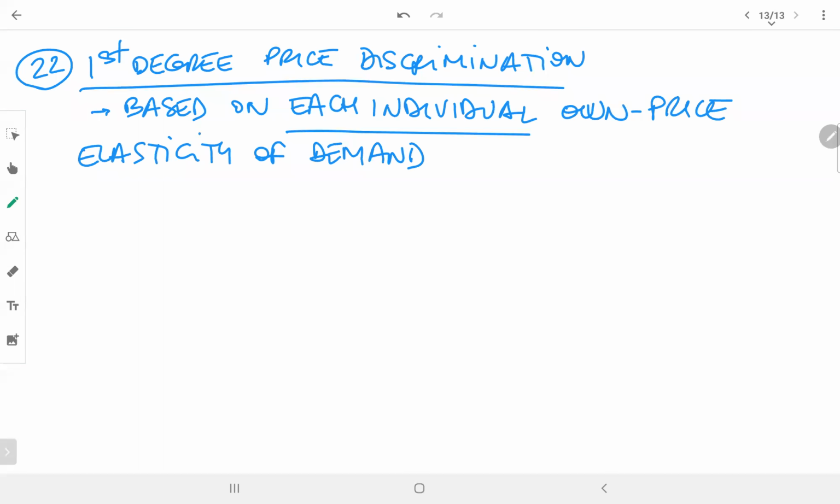Okay, based on each individual's own price elasticity of demand.